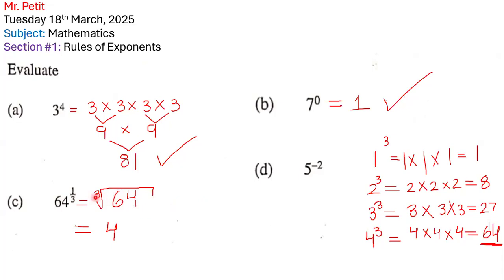Basically, 64 to the power of 1 over 3 means we're trying to find the cube root of 64. That's how we say it, the cube root, okay? Which means what number multiplied by itself 3 times gives me 64? And the answer is 4, because 4 cubed is 64.